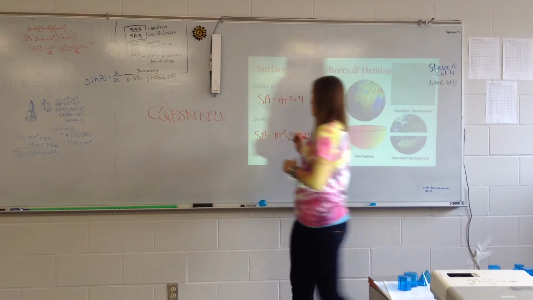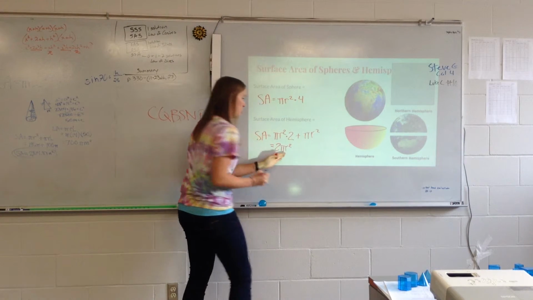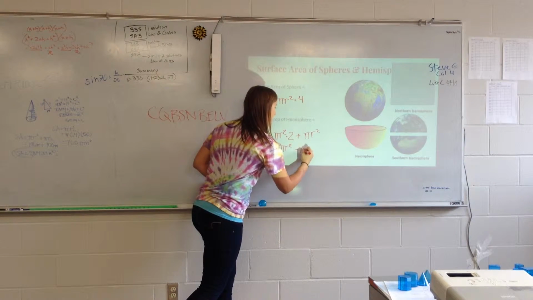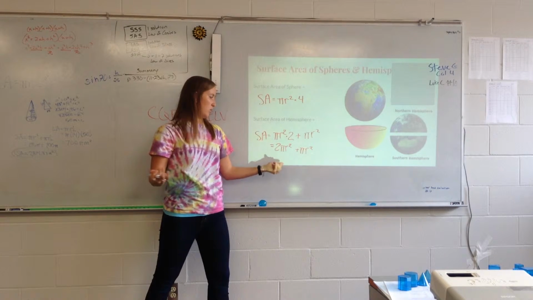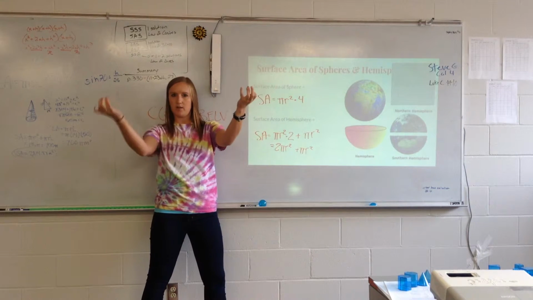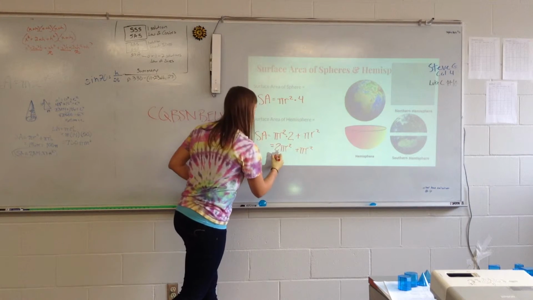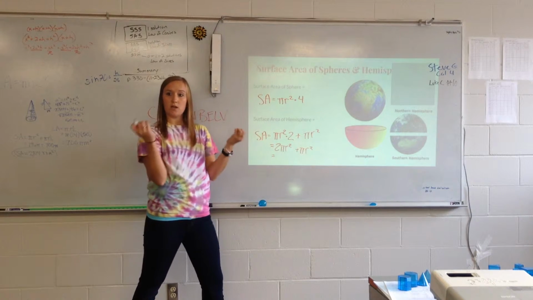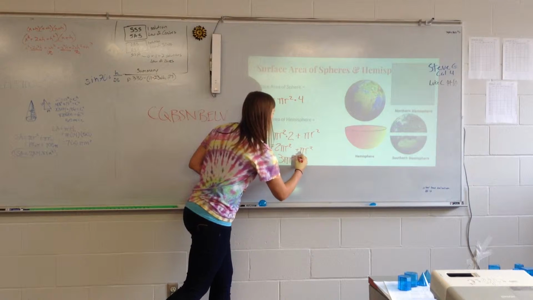So you can see it 2 different ways. Whichever way sits better in your head. 2 pi r squared for cutting this in half, right? Plus the base. Or if we have 2 pi r squared and we have another pi r squared, if we add them together, good, 3 pi r squared.